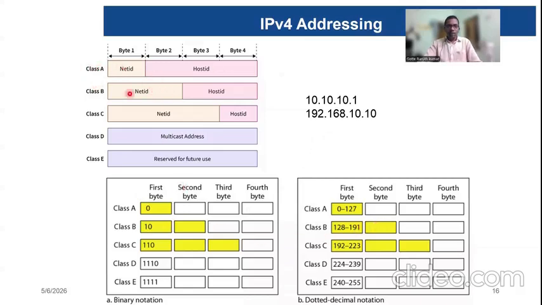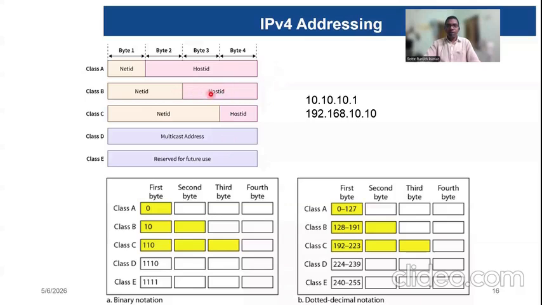Each address is divided into two parts, a network part and a host part. For example, if we need a smaller number of networks and in each network more systems, then we can go for the class A address.